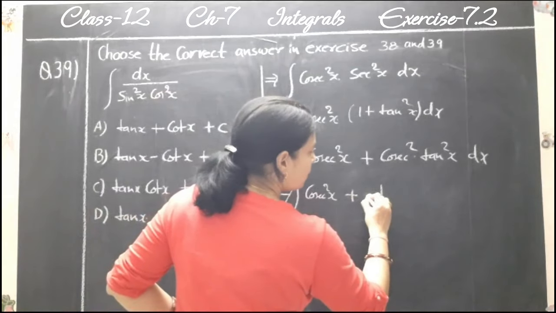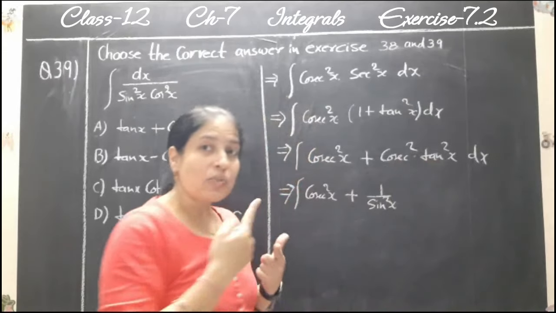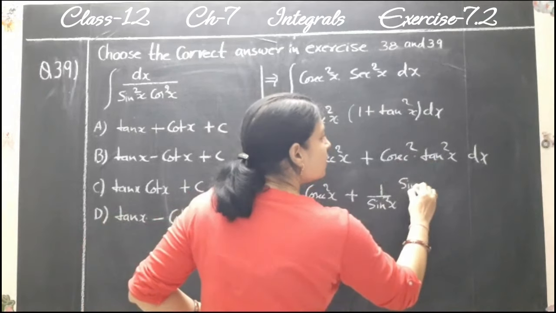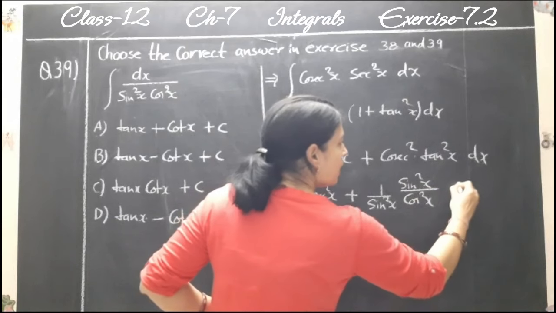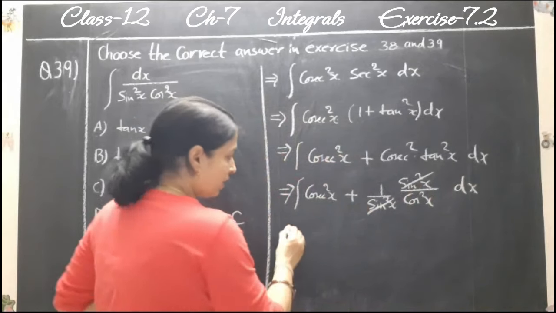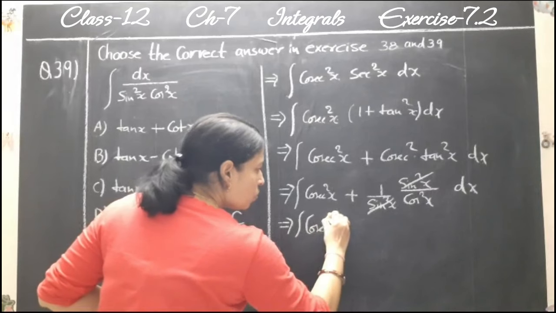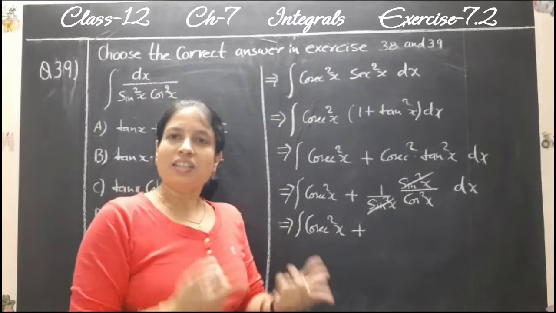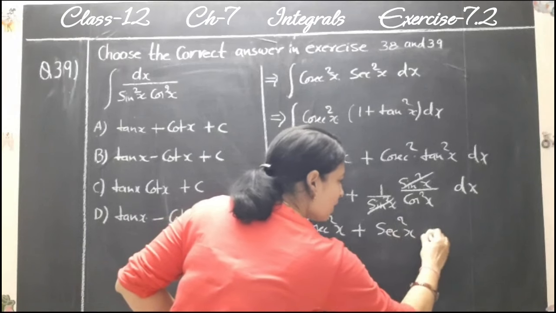So write here 1 by sin square x, and tan square x will be sin square x by cos square x. So write here sin square x divided by cos square x and write this dx. So sin square x and sin square x cancel. So it will be the integral of cosec square x plus 1 by cos square x is sec square x. So write here sec square x and write dx.